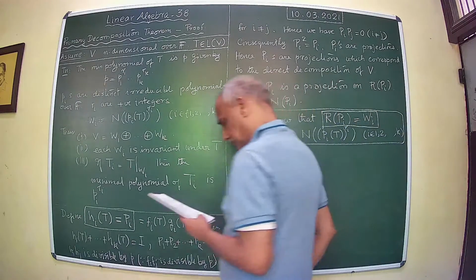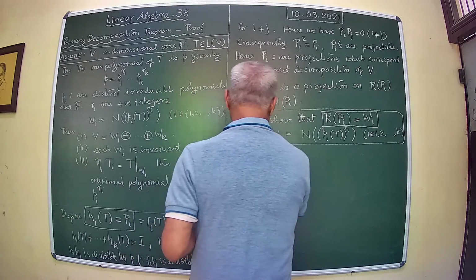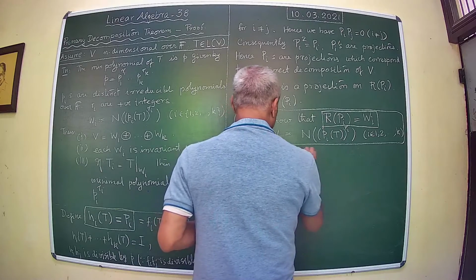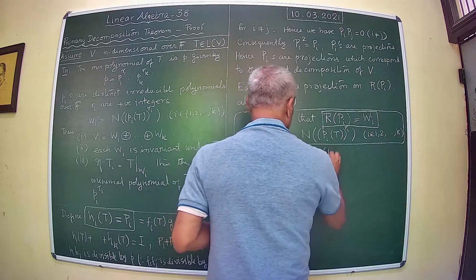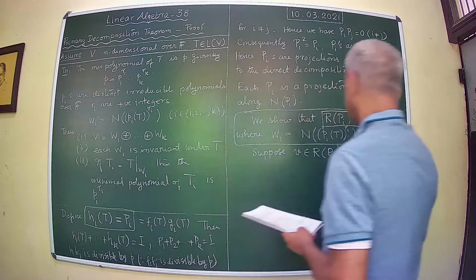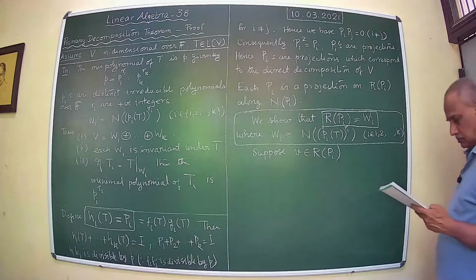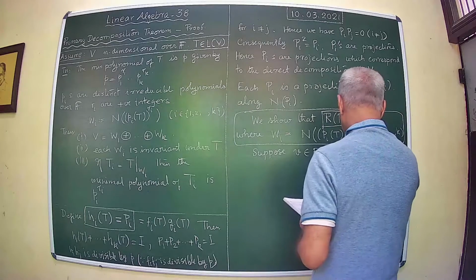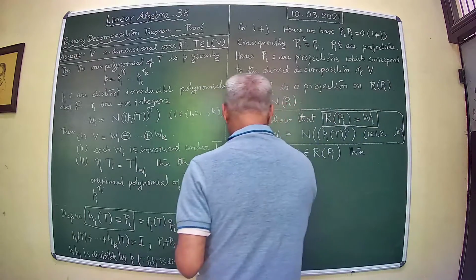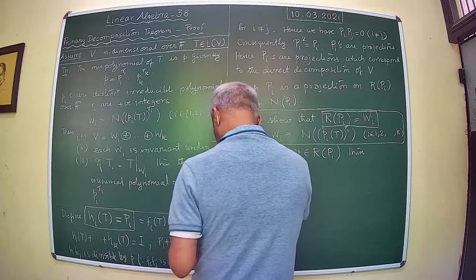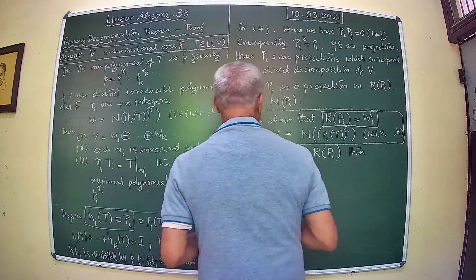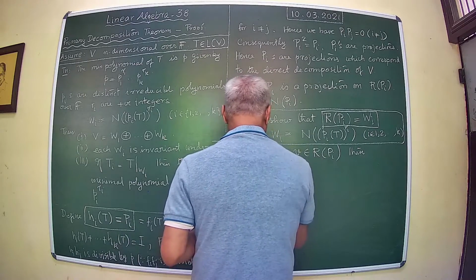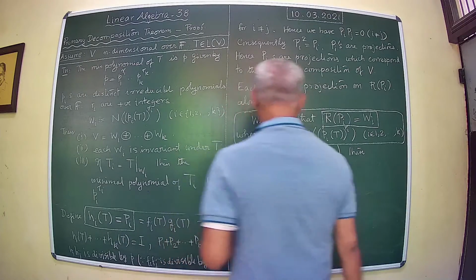Okay. Suppose v is in the range of Pi. Then v is equal to projection of v.